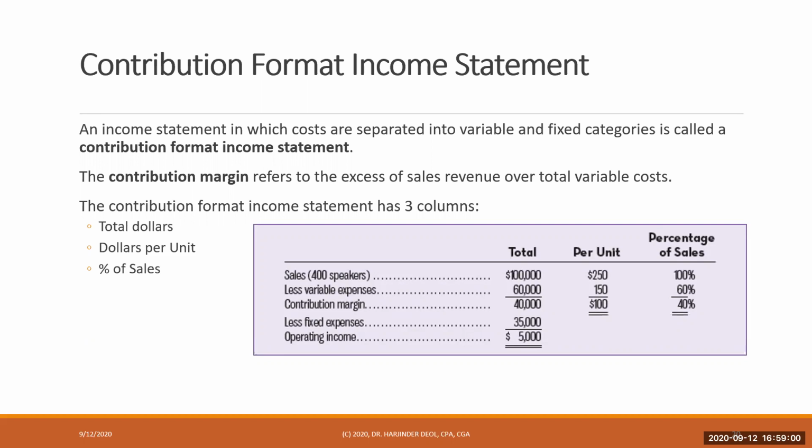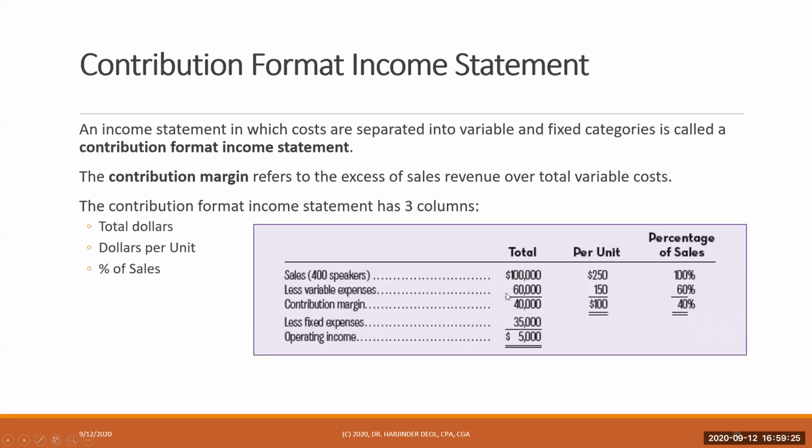Here you would notice 400 speakers were sold in a given period. Sales dollars in total are $100,000. For 400 speakers, you can divide $100,000 by the 400 speakers to get per unit selling price $250. Variable expenses added up to $60,000.